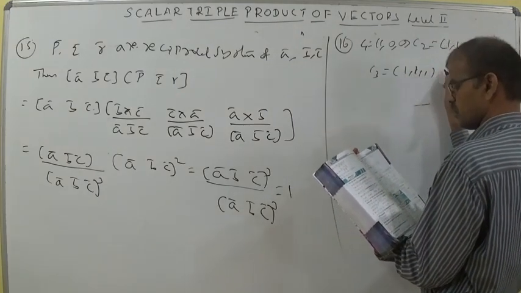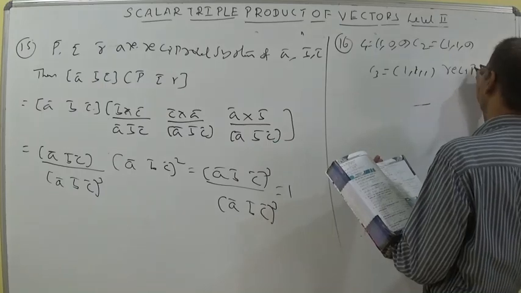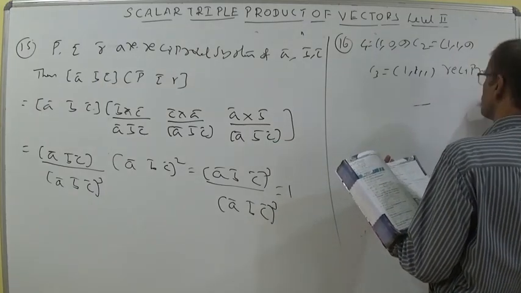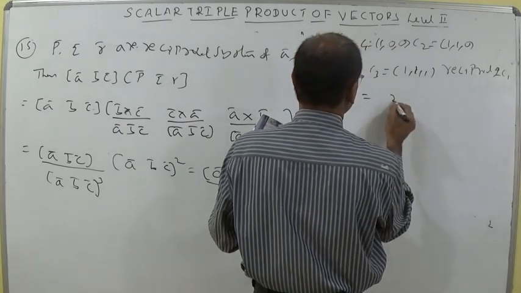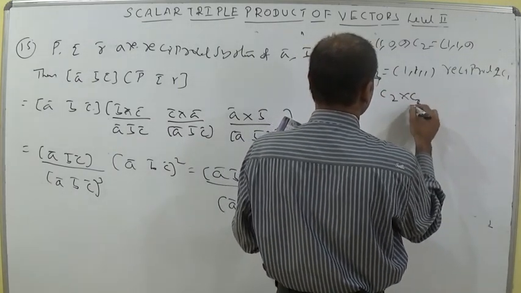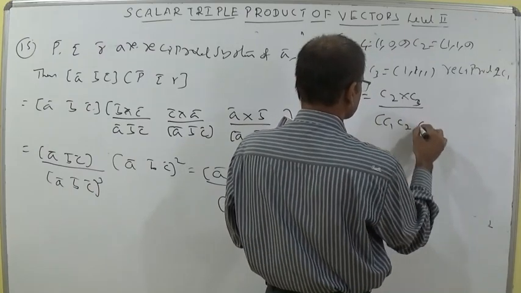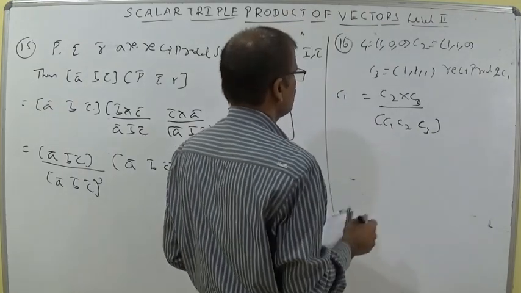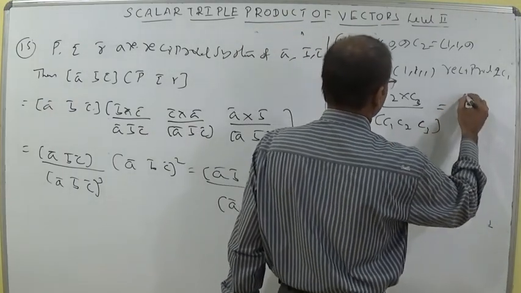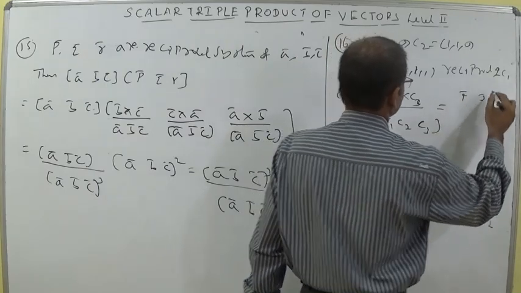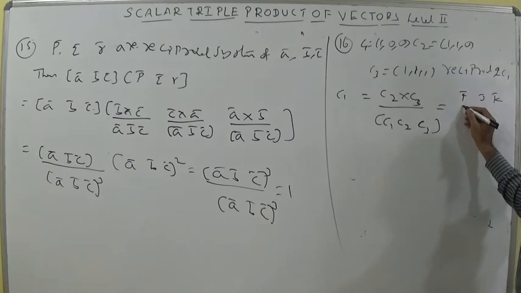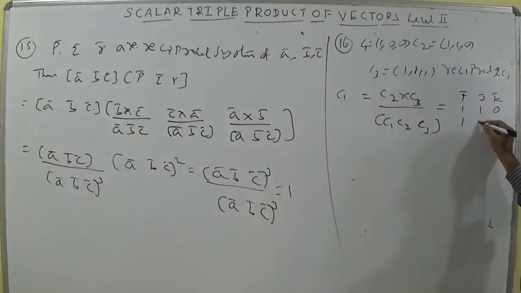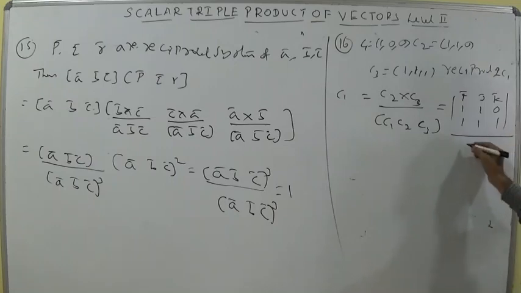Then the reciprocal of C1 is C2 cross C3 by box C1, C2, C3. Now you can write here i, j, k and C2, C3: 1, 1, 0 and 1, 1, 1, by box 1, 0, 0, 1, 1, 0 and 1, 1, 1.